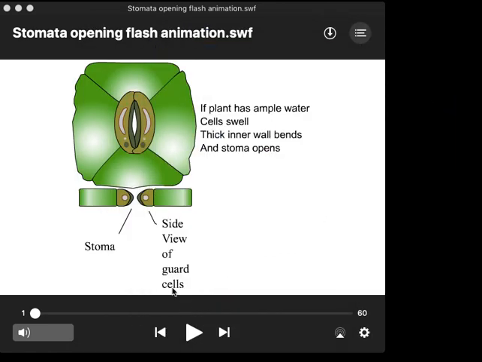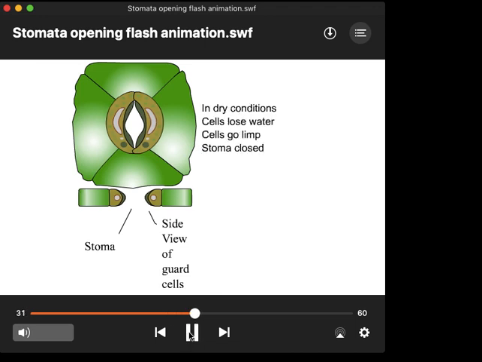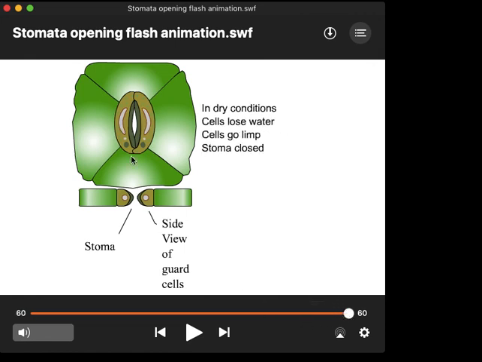So again, this is the view that we have drawn, and you can see that if the cells become turgid, they swell up, they make the wall bend and your stoma opens. And similarly, depending on the conditions, if they lose water, the cells join together and your stoma will close.